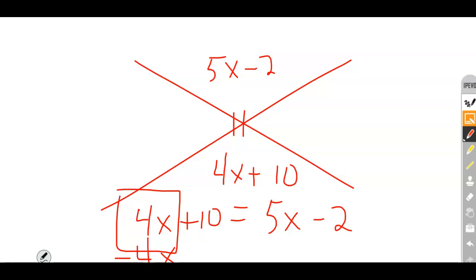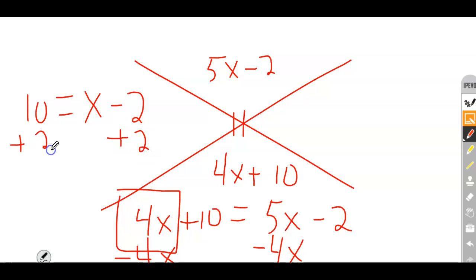So it's the same thing with the 4x. If I do that on the left side, what do I have to do on the right side? Subtract 4x. So now we're left with 10 equals 1x minus 2. How do I get rid of the minus 2? Add 2. So in this case, x would be equal to 12.